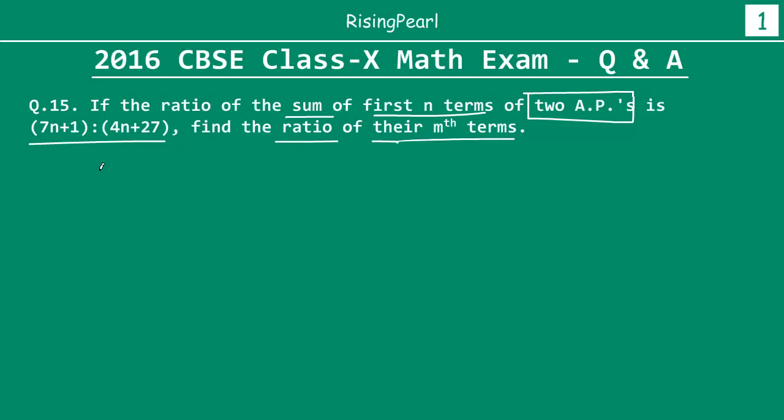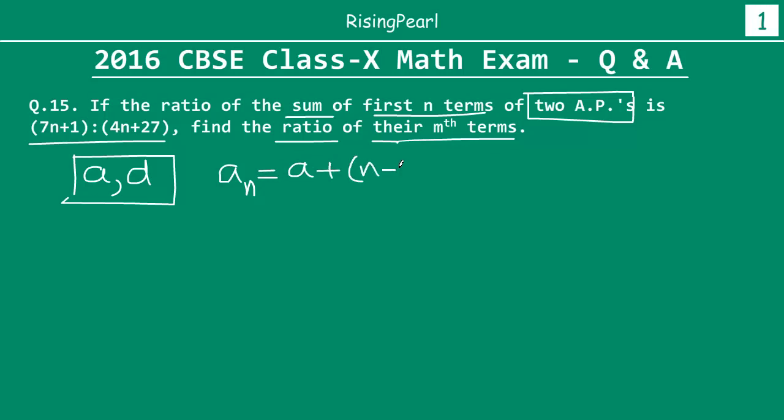Normally we take the first term of any arithmetic progression as a, and the common difference as d. This is the convention. Then the nth term of an AP is found using the formula a plus n minus 1 times d. I'm going to provide all the formulas and the proofs on the upper right hand corner of each of these problems.